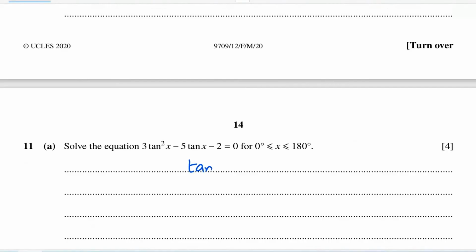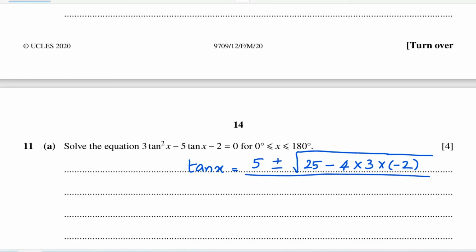So tan x equal to 5 plus or minus square root of 25 minus 4 multiplied by 3 multiplied by negative 2, divided by 2 multiplied by 3.